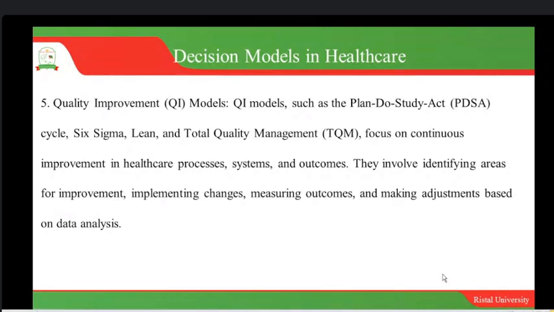So, when we are planning, for example, number one, we define the problem. What is the healthcare problem that we want to address using the model? Then, as we continue with planning, we can set SMART goals.